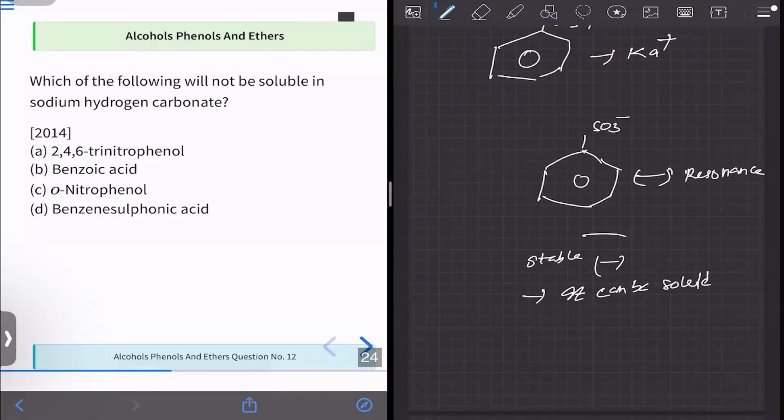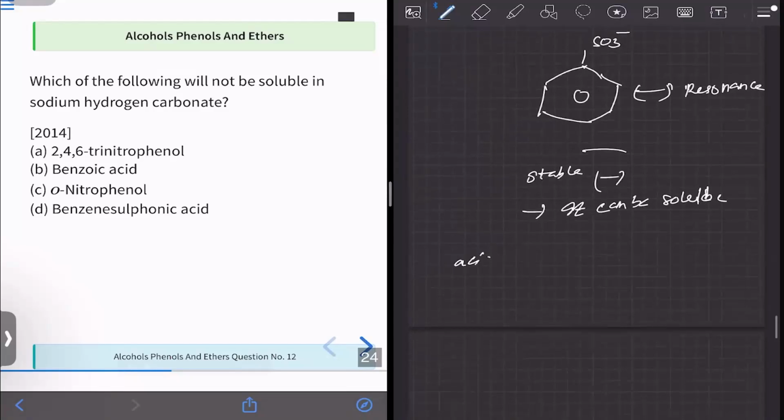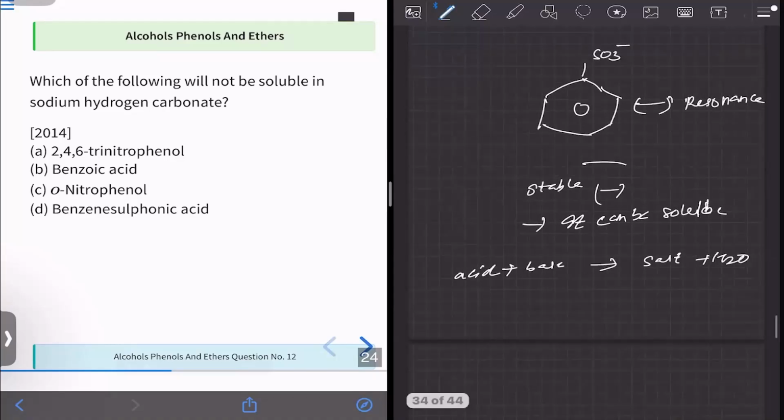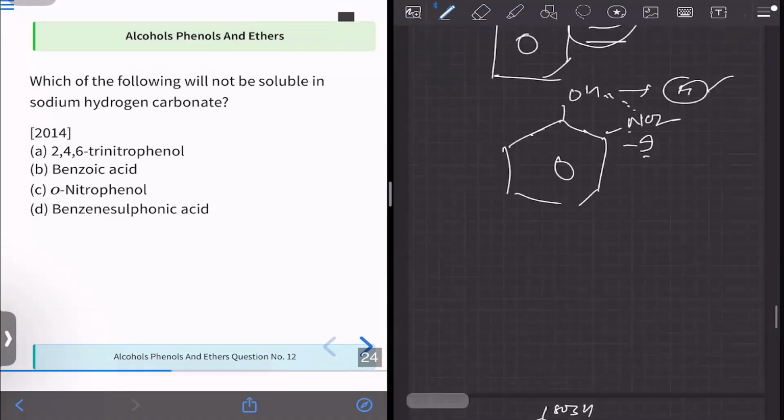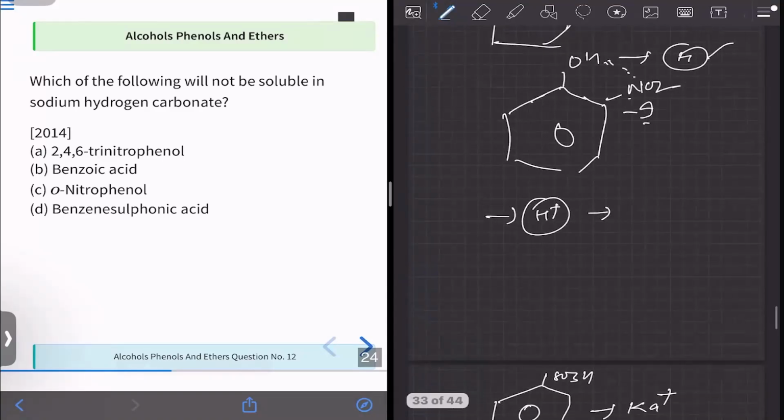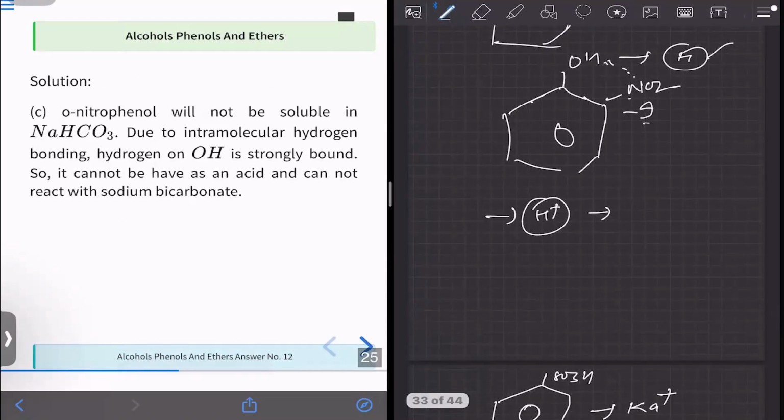The more acidic the nature, the more it can react with base, producing salt plus water. So the one which will not be soluble has less acidic property. We all know that orthonitrophenol has some hydrogen bonding, which makes it difficult to remove hydrogen from the structure. So it will be option C.